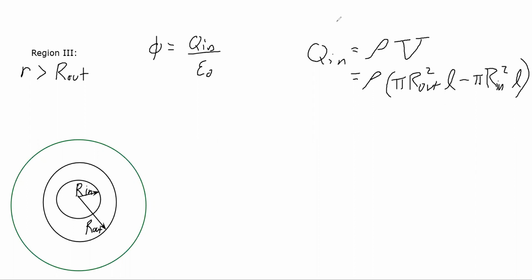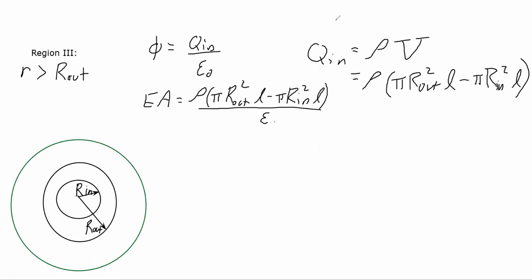What about flux? What do I plug in for flux? Remember, flux is EA equals rho times the volume over epsilon 0. What is the A? Remember, A is always the area of your Gaussian surface, in this case a Gaussian cylinder.